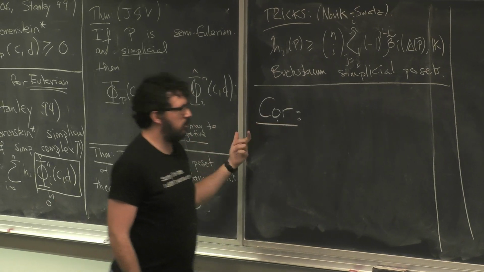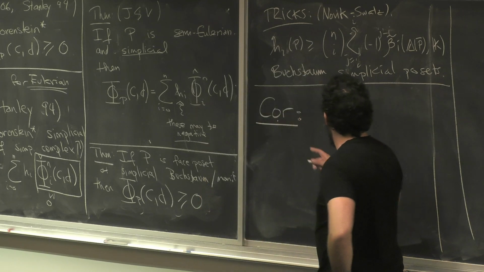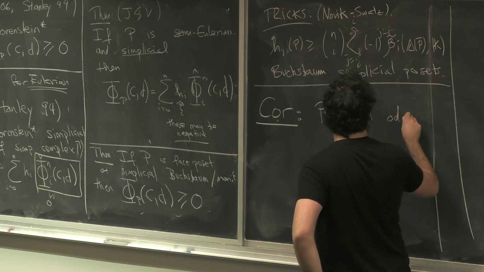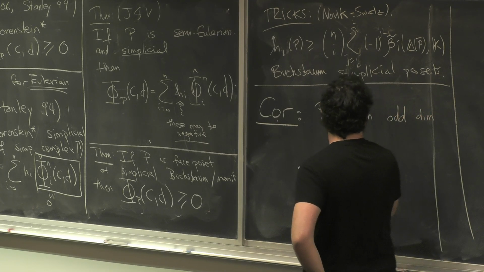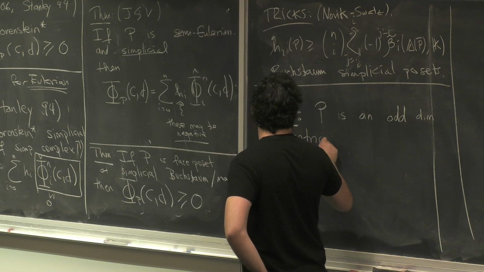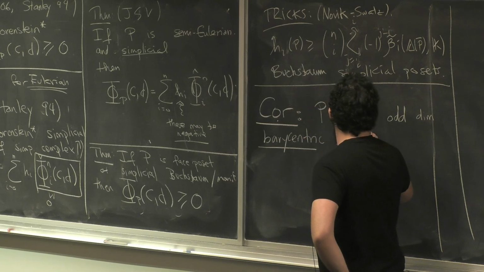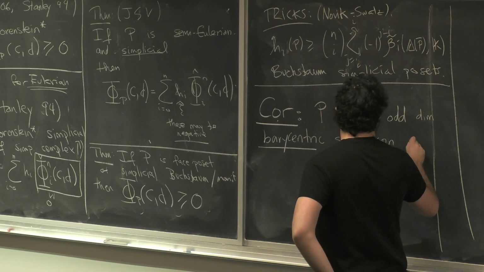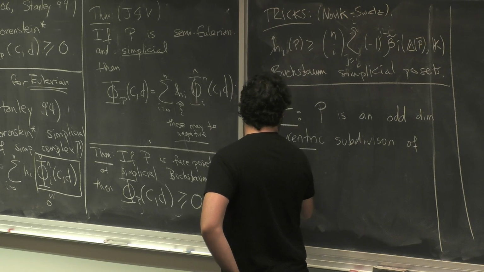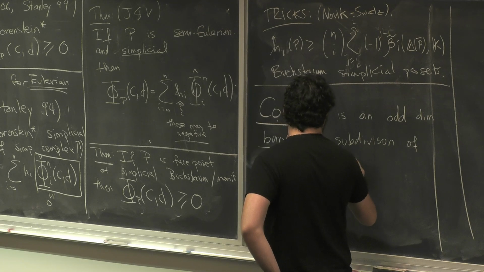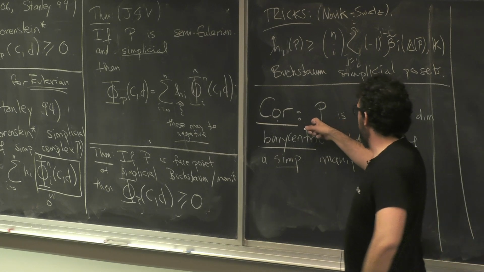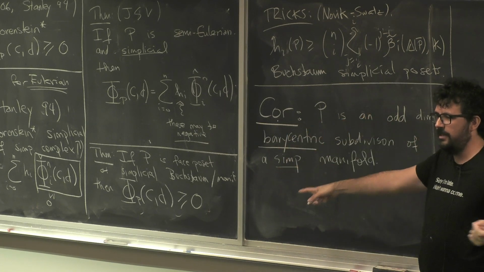But this has a weird consequence, because if P is an odd-dimensional barycentric subdivision of a simplicial, let's say, manifold, we said that these guys are actually Eulerian and have symmetric F vector.